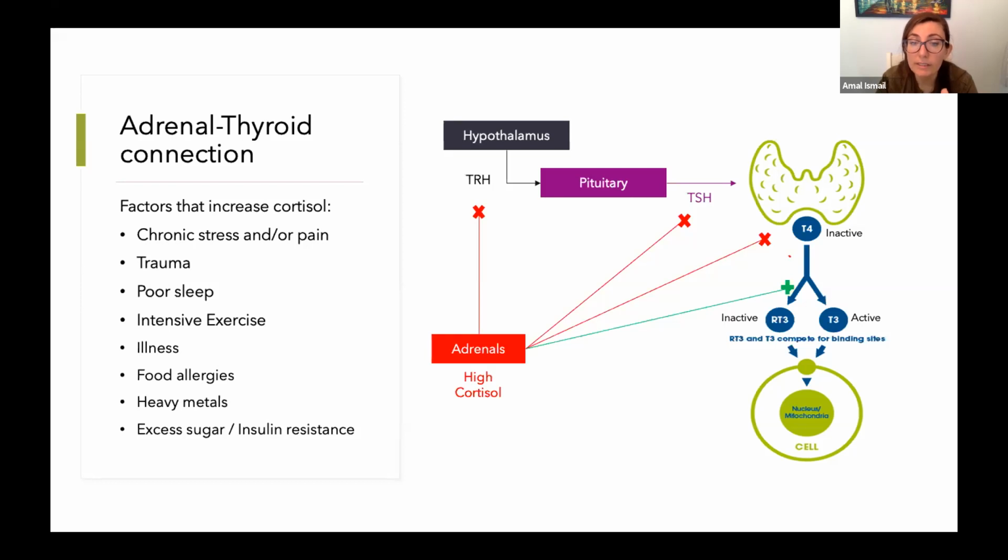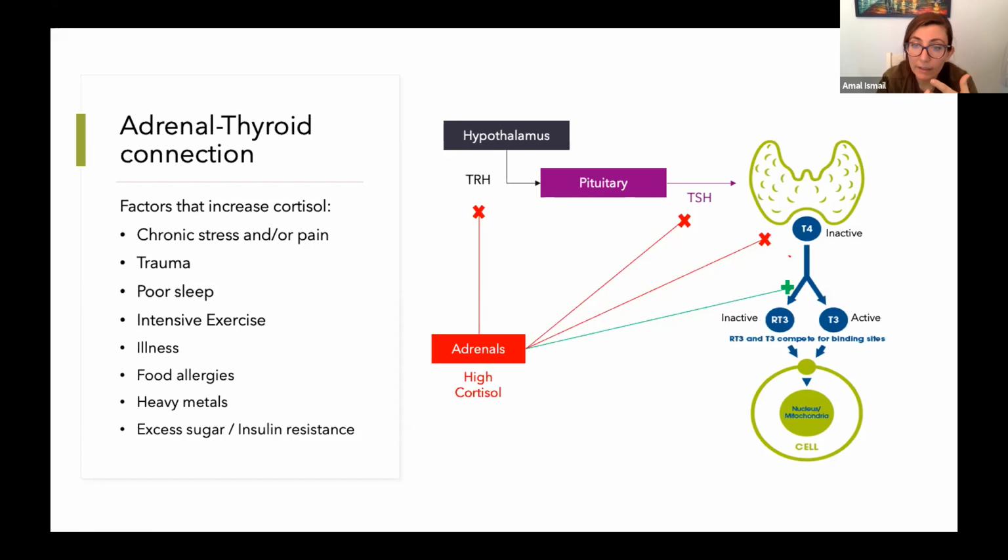And as I mentioned, this is how the excess activation of the adrenals leads to dysfunction in the thyroid. It blocks the thyroid releasing hormone from the pituitary, and it blocks TSH, or reduces the level of TSH from the pituitary. So now you don't have any signal going to the thyroid asking it to produce thyroid hormone.